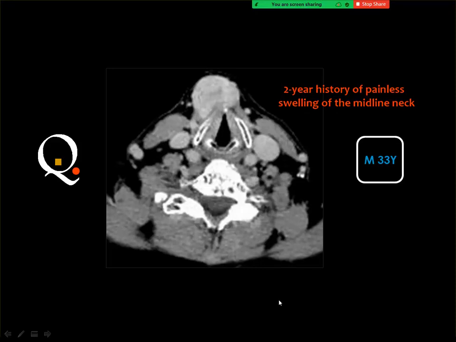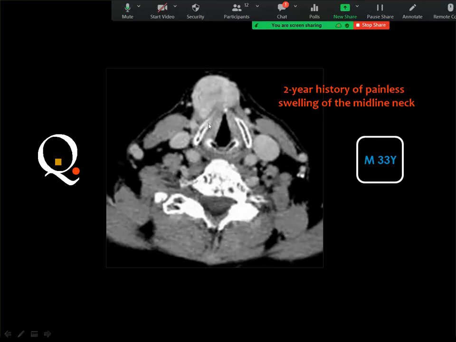But my advice to you, if you see a mass like this, if this lesion is cystic, then you diagnose this as a thyroglossal duct cyst. And if a tumor arises inside the thyroglossal duct cyst, it will be a carcinoma inside the thyroglossal duct cyst.